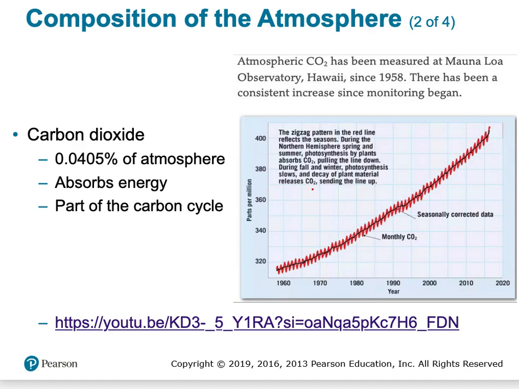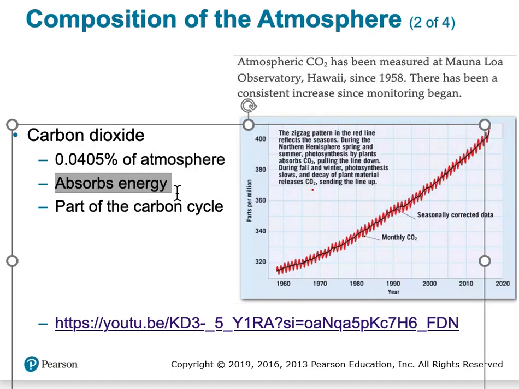Currently, carbon dioxide is at 405 parts per million in our atmosphere, so it absorbs energy. Specifically, it absorbs long wave infrared radiation. And carbon dioxide is part of the carbon cycle.